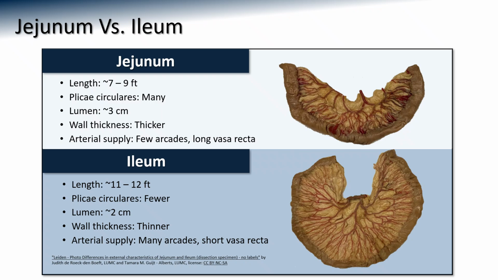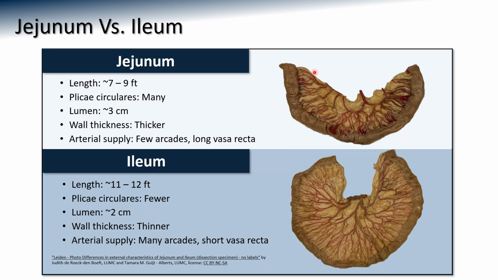But in general, it is good to be able to compare some of the characteristics of the jejunum and the ileum, both to help you find your way around anatomically and to help you sort out their different functions. So here, I put together a quick comparison for you. The jejunum here, 7 to 9 feet long, lots of plica circularies and a relatively wide, about 3 centimeters lumen, thicker walls, and the arteries that supply it.